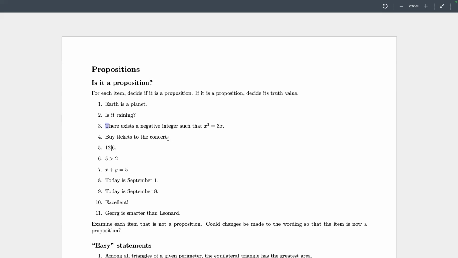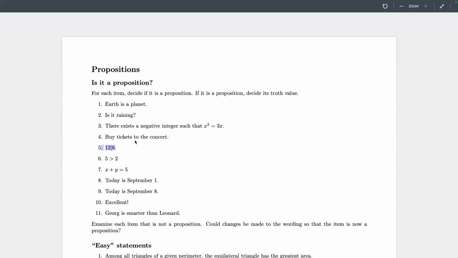Number four. Is it a proposition? What change could we make to make it a proposition? Well, I bought tickets to the concert. I am buying tickets to the concert, something like that, that makes it either true or false. How do we pronounce this? 12 divides 6.